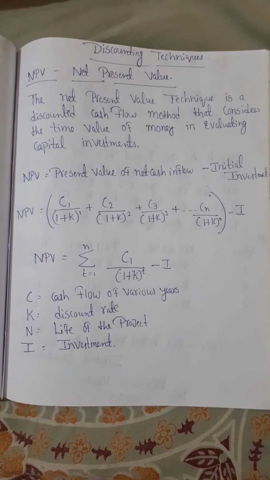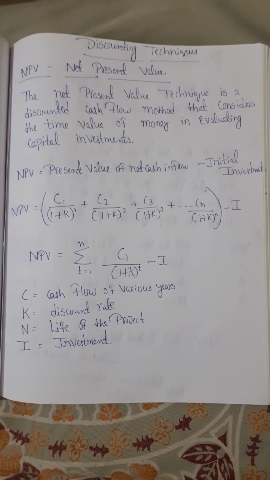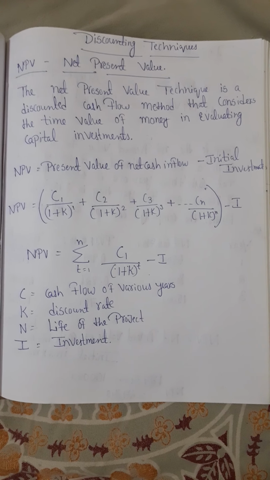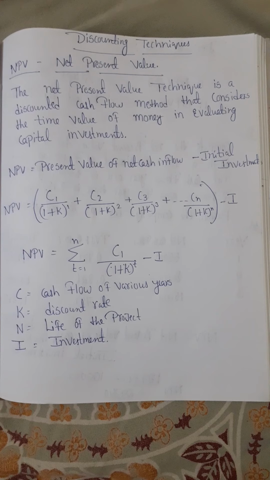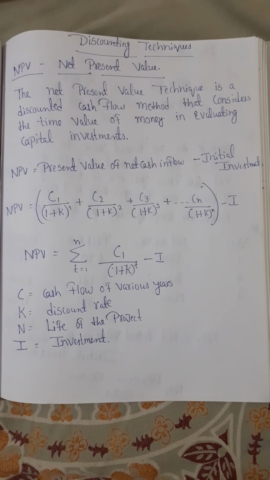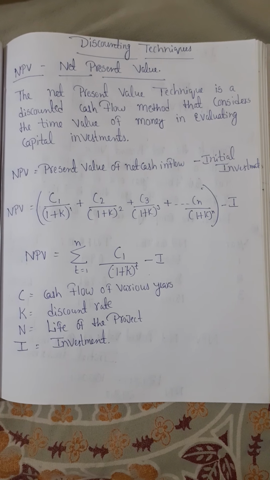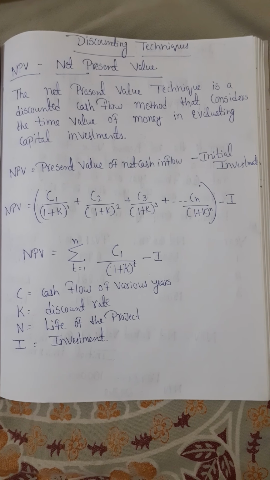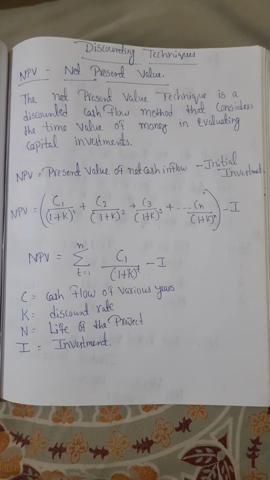The first one is net present value. We also call it NPV. I believe some of you might have studied this before. Let's try to understand in detail. Net present value is a discounted cash flow method that considers the time value of money in evaluating capital investments.